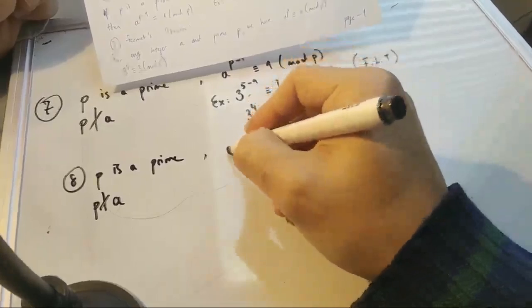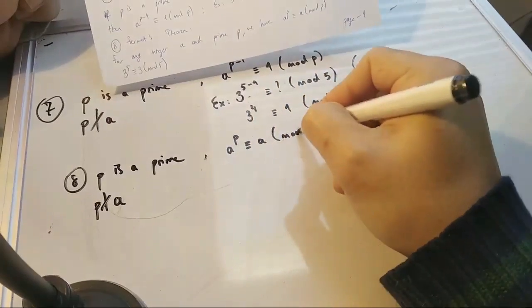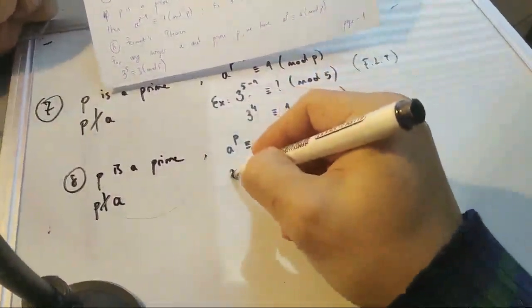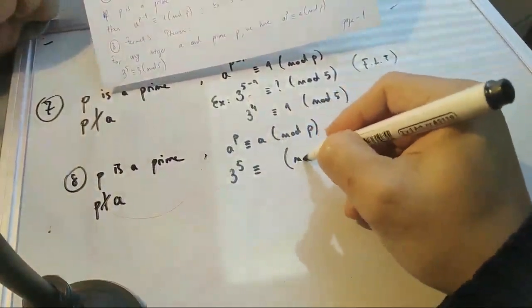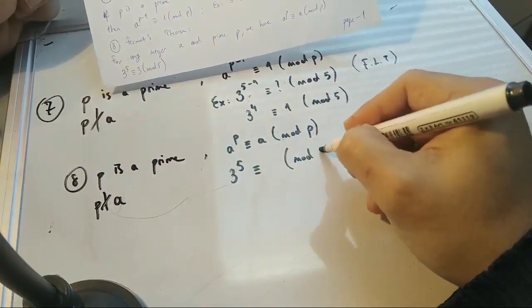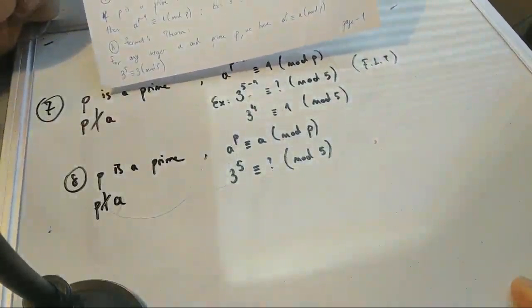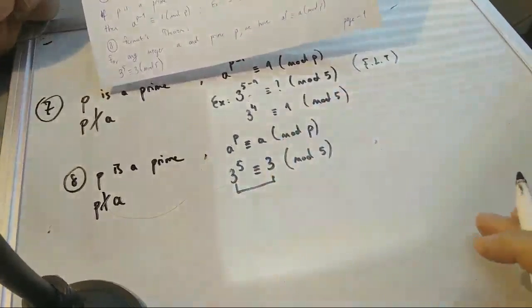So we say a to the power of p is congruent to a in mod p. For example, 3 to the power of 5 is congruent to 3 in mod 5. What is the remainder here? The remainder is 3, right? 3 is the leftover.